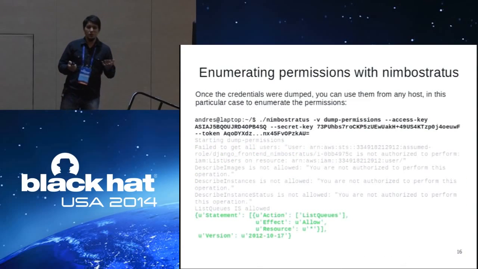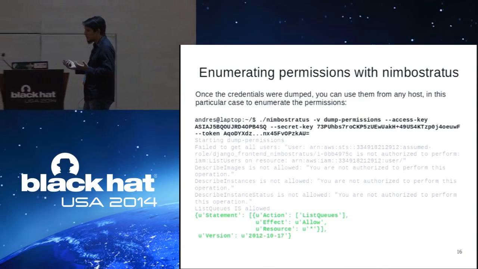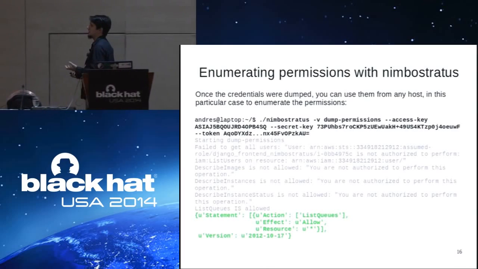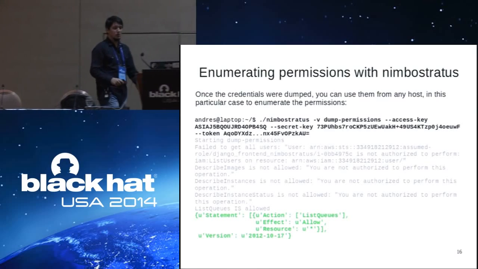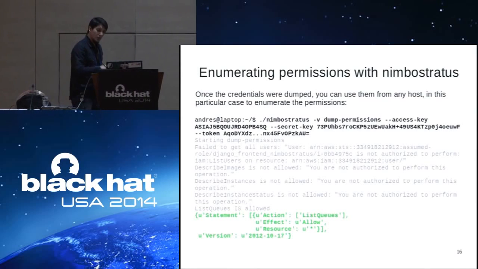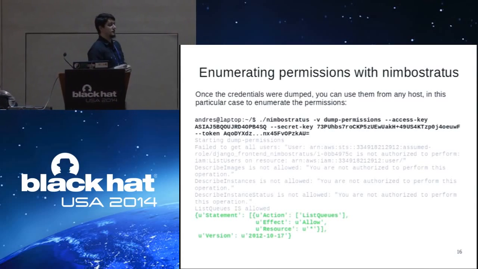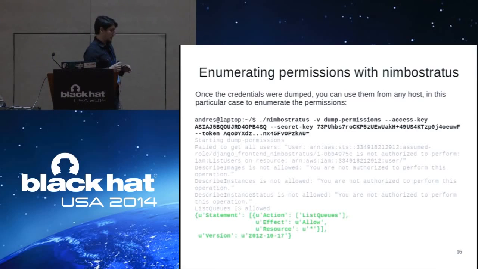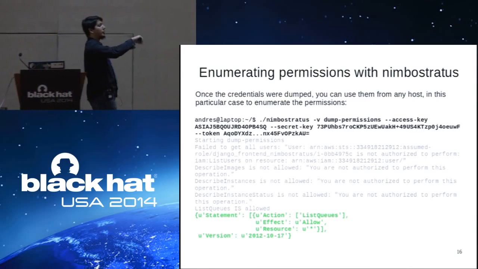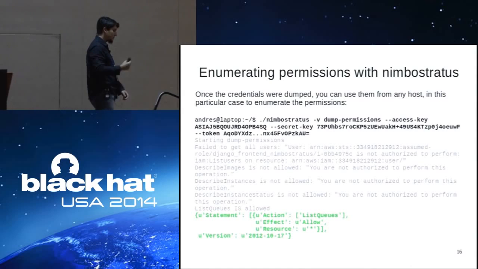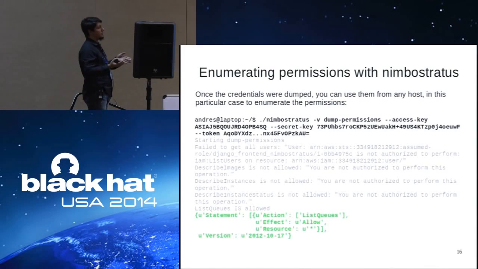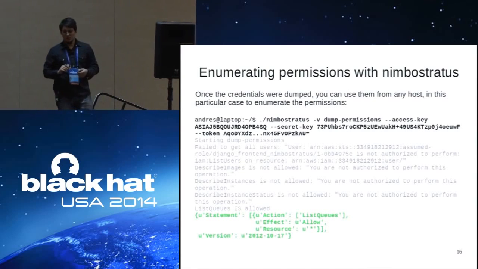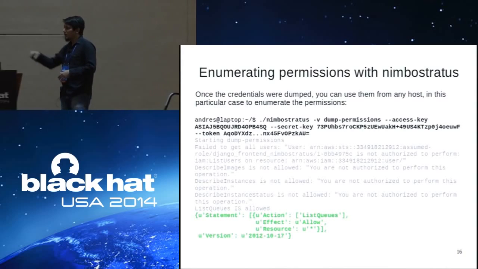They don't tell you where or which service you can access. So I wrote a different tool called dump permissions, which is going to perform different steps in order to access the different endpoints of the Amazon cloud and test, using those credentials, if you have permission to run those API functions.